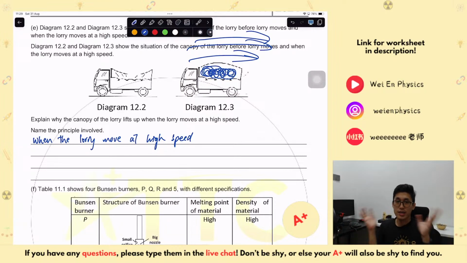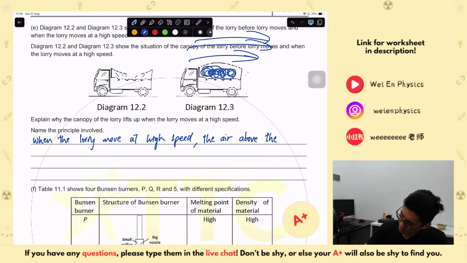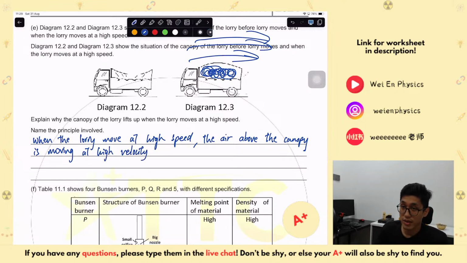Inside the lorry, the air is not flying. Correct? The air is just staying there. So you say, the air above the canopy is moving at high velocity.